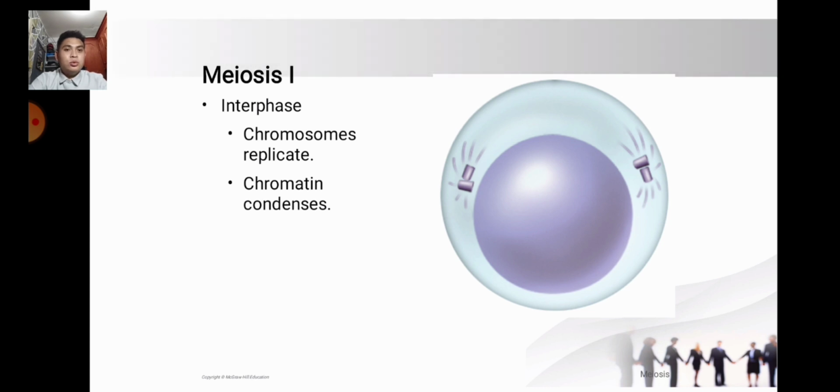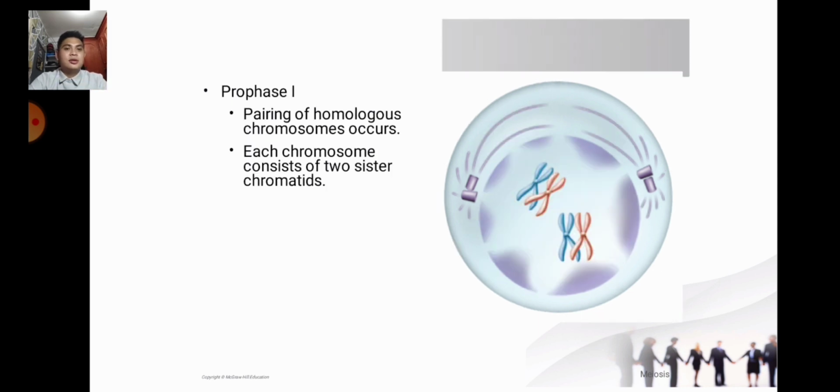Let's go to meiosis 1. In interphase, the chromosomes replicate and chromatin condenses. In prophase 1, pairing of homologous chromosomes occurs, each chromosome consisting of two sister chromatids.